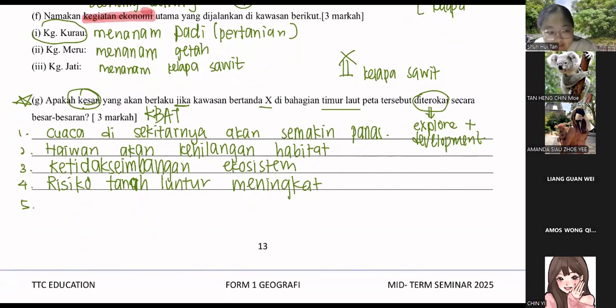You see, when the animals lose their shelter, what happens? Kepupusan flora dan fauna. The extinction of plants and animals. Any other answer? What will happen if you chop down the whole forest?